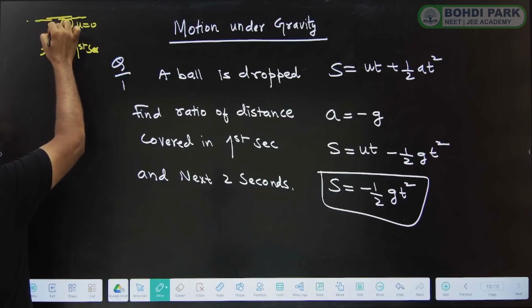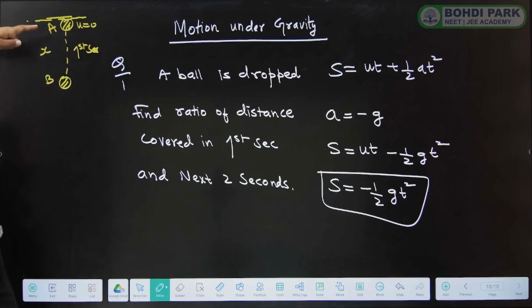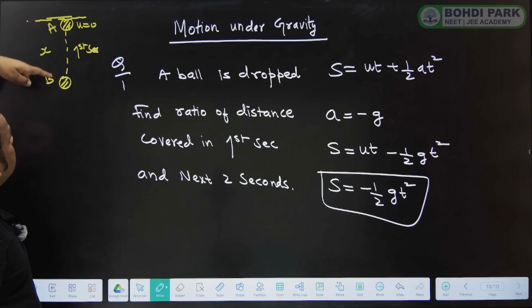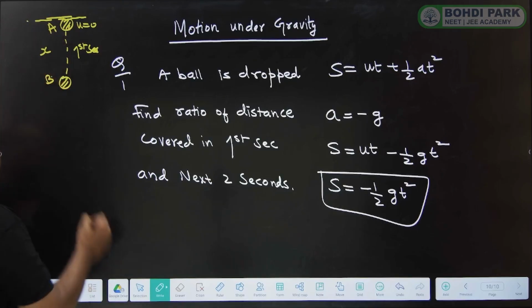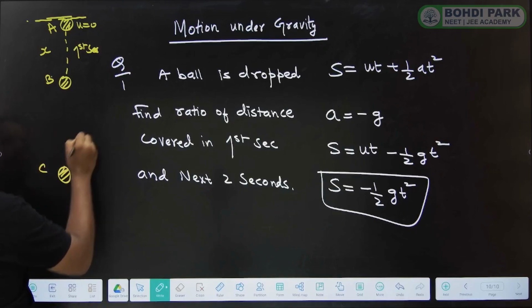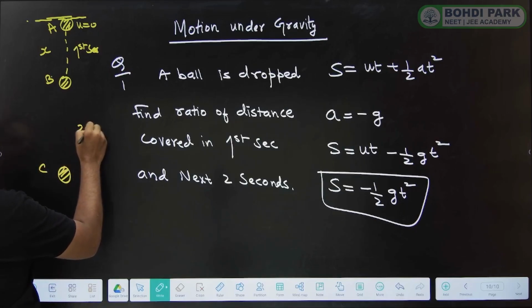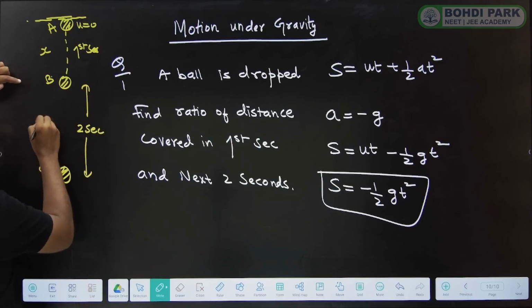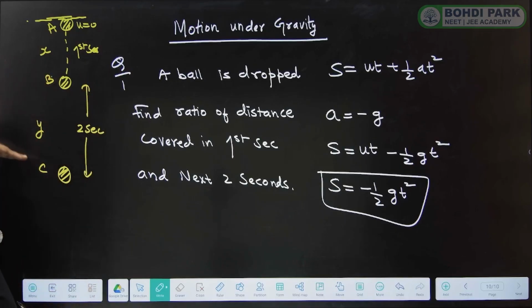Let's call this point A and this point B. So it is going from A to B in the first 1 second, covering a distance x. Next it is going from B to C in the next 2 seconds. Suppose it is covering a displacement of y downward, or the distance y, from B to C.